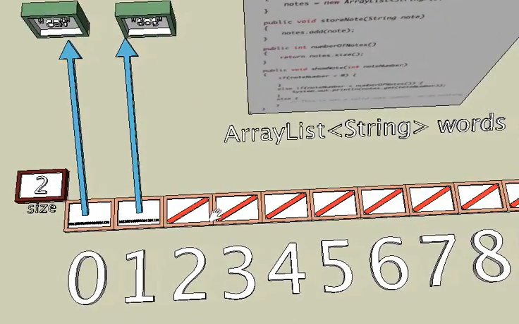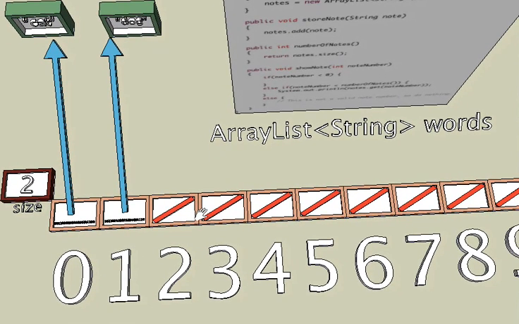A couple more things before we go and look at the code. Array lists cannot have any holes in them. In other words, you couldn't have this blue arrow coming from the 2 position and this position being null.